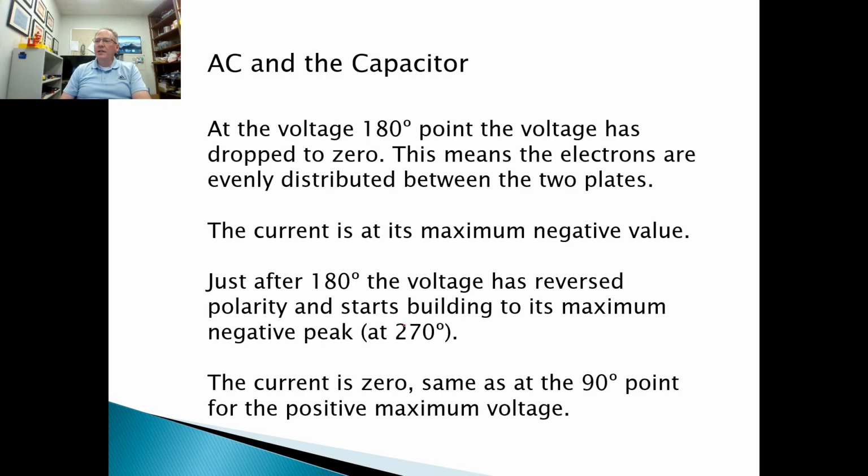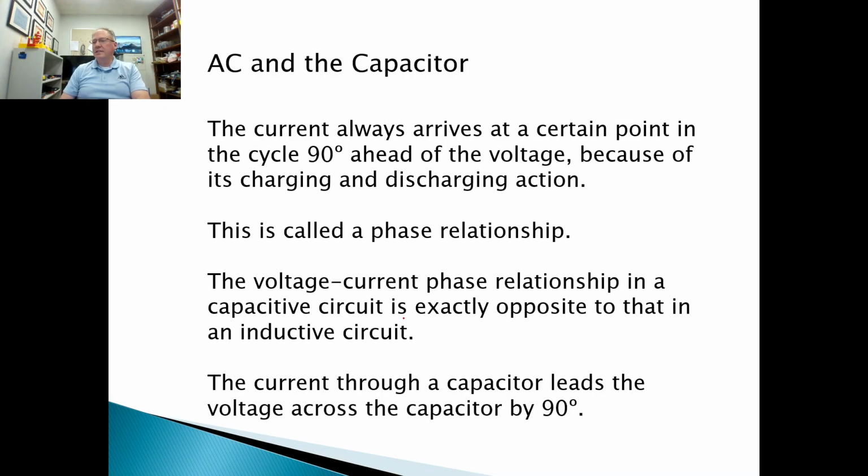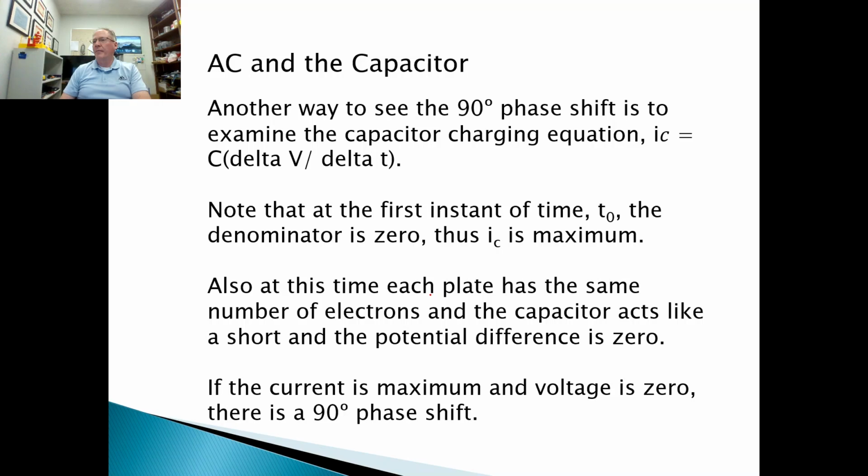All right, so that's just some basics about this. Now, another way to see the 90-degree phase shift is to examine the capacitor charging equation, where the current I equals C times delta V over delta T. Note that at the first instant in time, T0, the denominator is 0, thus I is maximum.